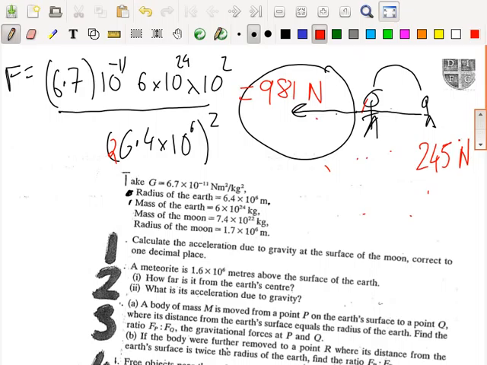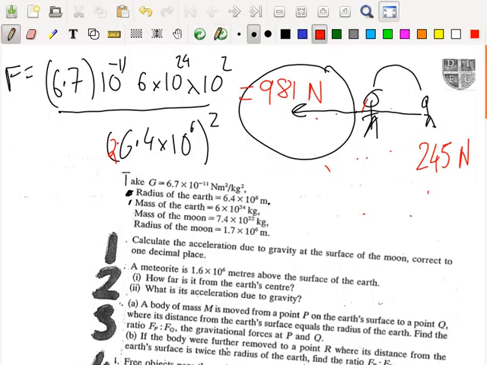Did you calculate this? How much did you get, Mr. Steven? 245. You got more than 245. Yeah, 245, 10 to the power 7. Sounds like you're having trouble inputting on your calculator. I'm bad with technology.